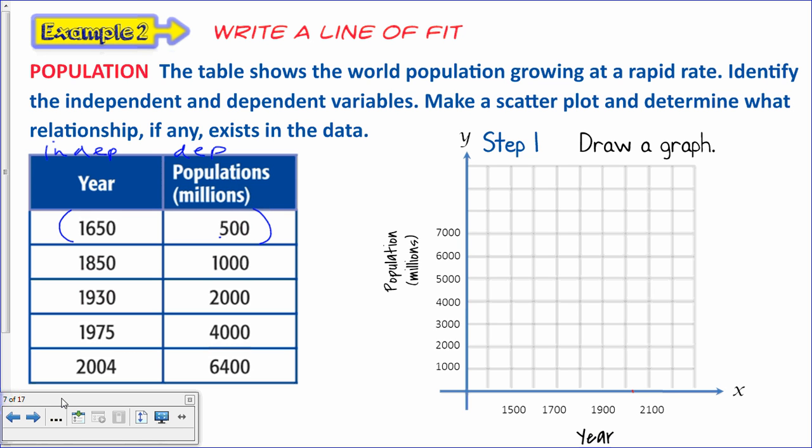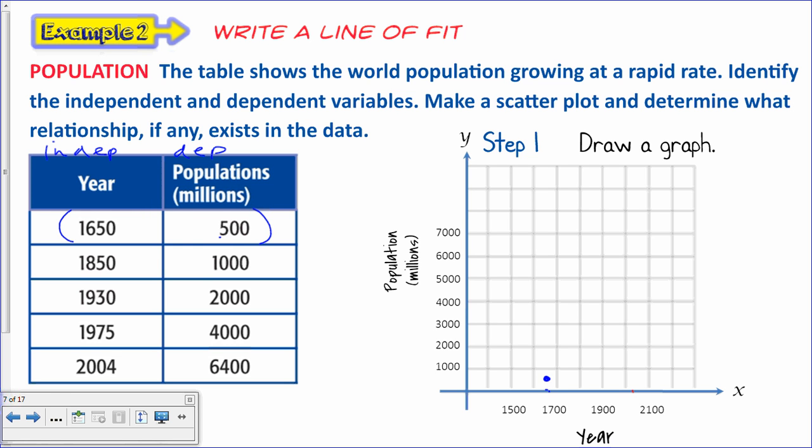Since I determined that the relationship is here, I go to 1650. Go to 1650 and then go up to how much? Okay, so plot a point. 1650 is going to be, with 1600, right in the middle, and about right there, and then go up halfway, right?